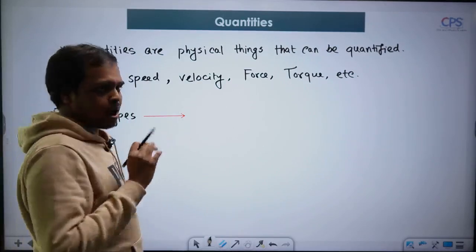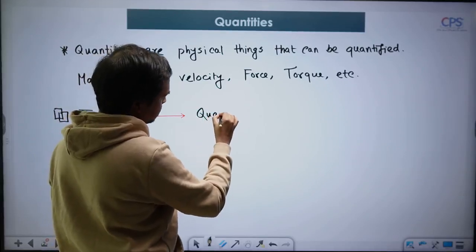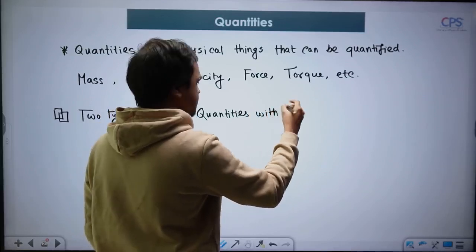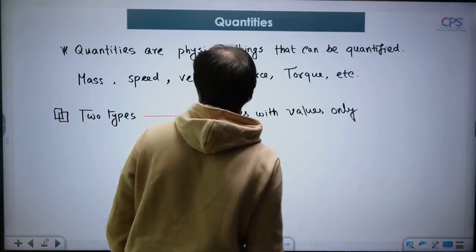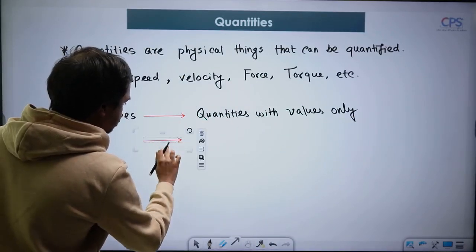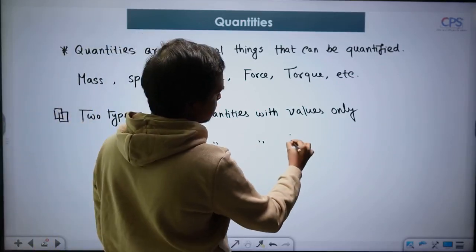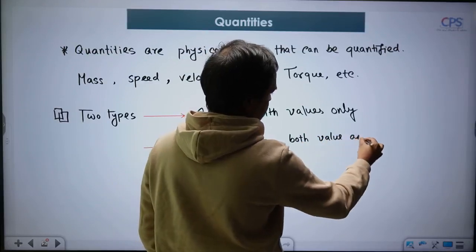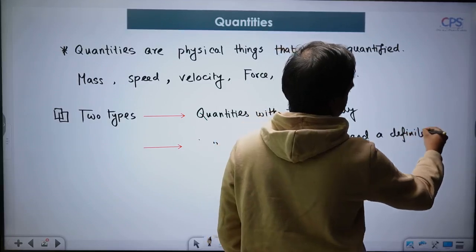So there are quantities with values only, and also there are quantities with both value and a definite direction.